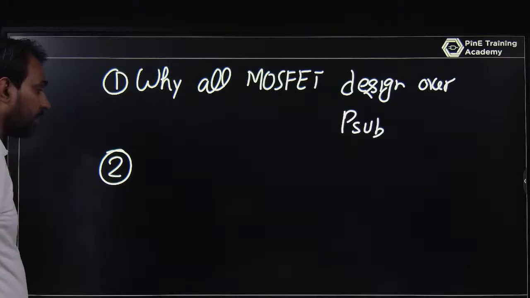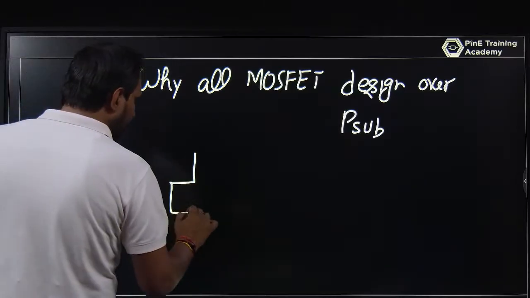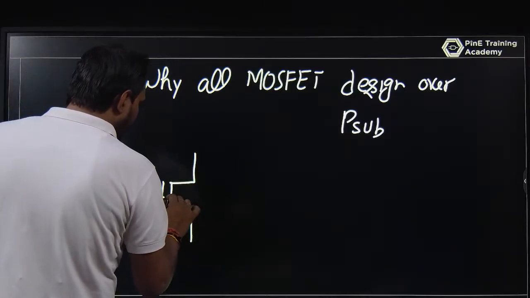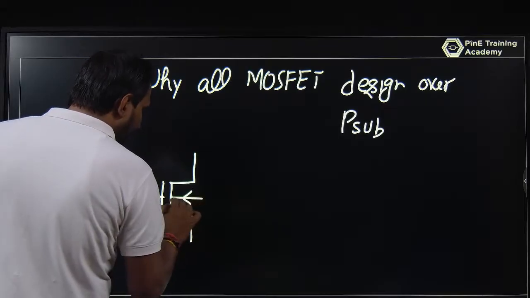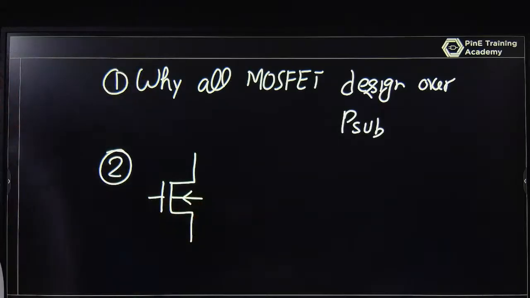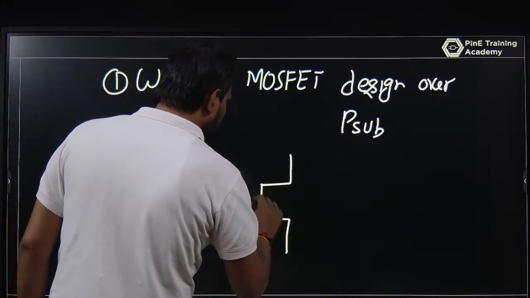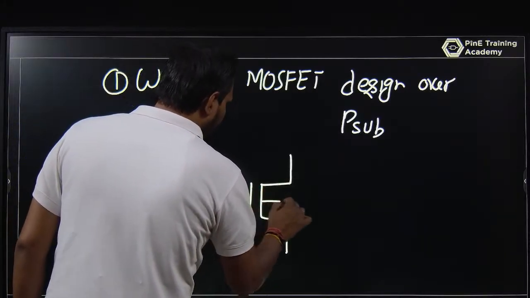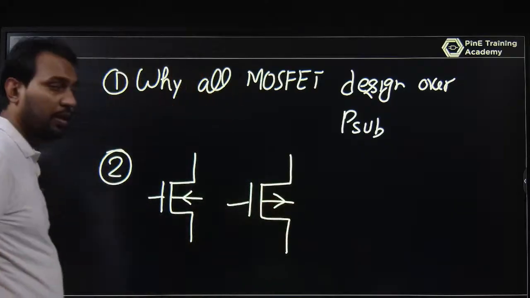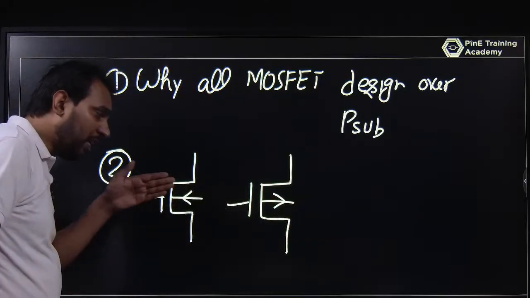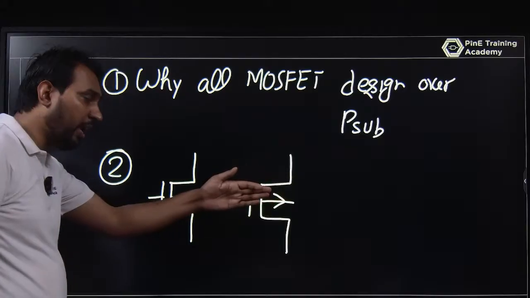Second, in NMOS, I am saying that the current is entering towards the body like this, and in PMOS, the current is leaving from this point. One of them has current leaving from the body.